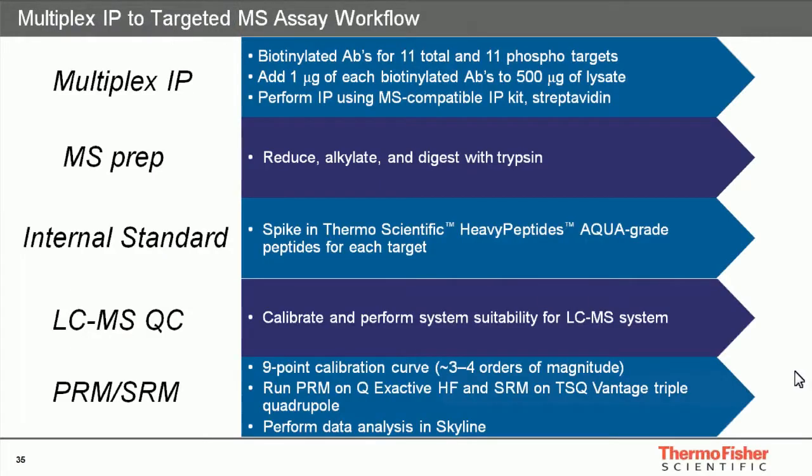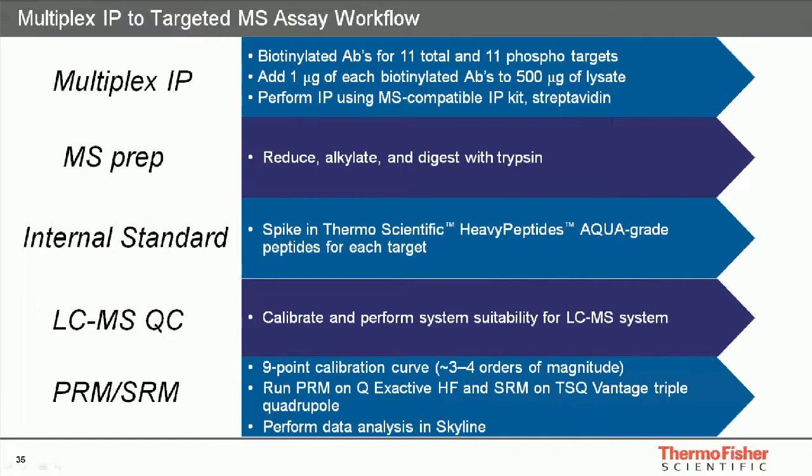If we look at a little more detail about how this overall workflow looks, we start with multiplex IP, where we bioaccumulated antibodies for 11 total targets in one assay and 11 phospho targets in a second assay. We take about 1 microgram of each bioaccumulated antibody and add them to 500 micrograms of lysate. We perform IP using the mass spec compatible IP kits that come with the streptavidin-coated magnetic beads.